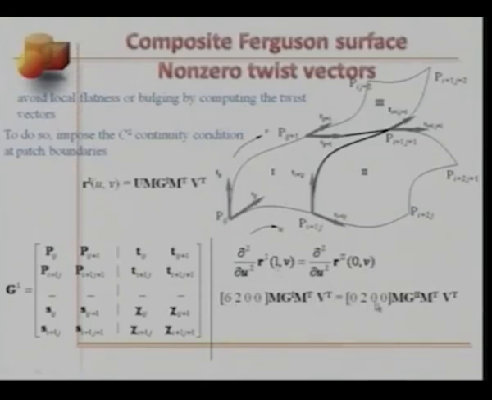The second derivative of row vector U with respect to u evaluated at u equals 0 will give 0, 2, 0, 0 times M G super 2, the geometric matrix for this patch, times M transpose times V transpose.